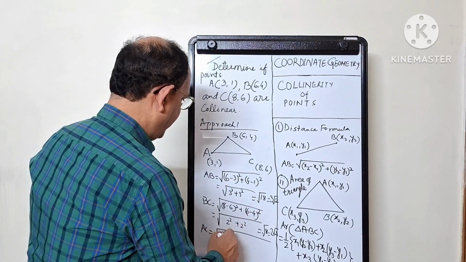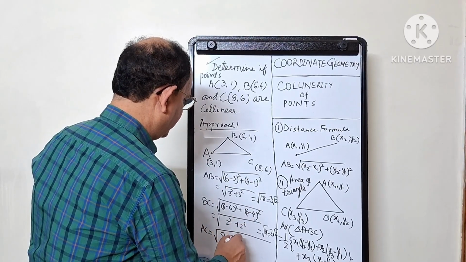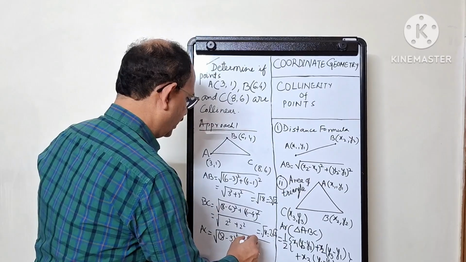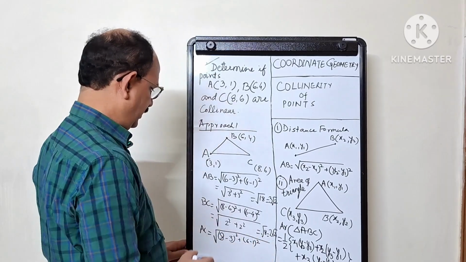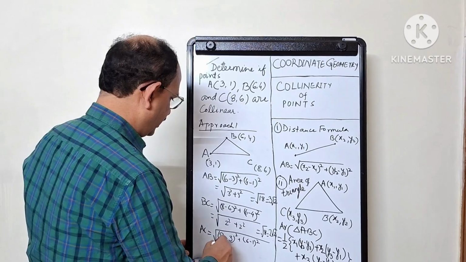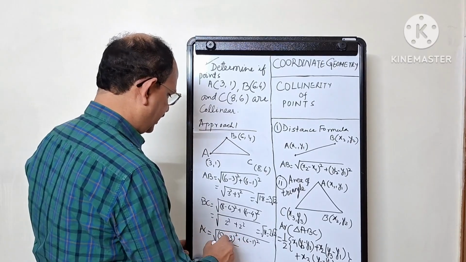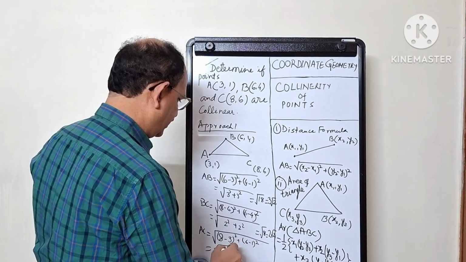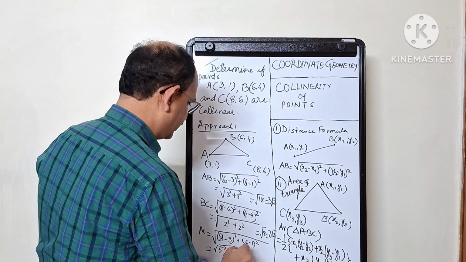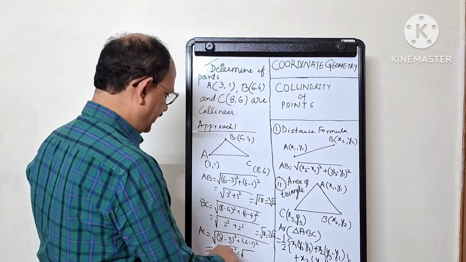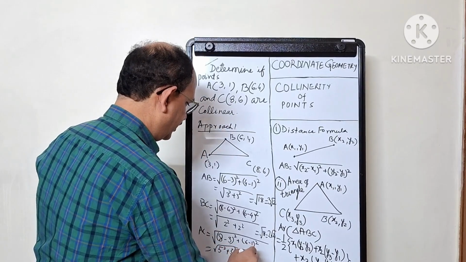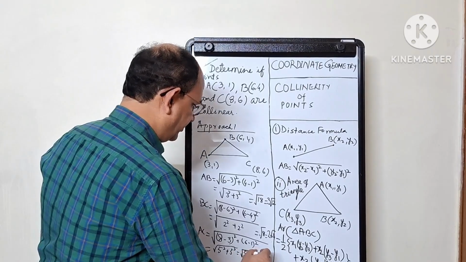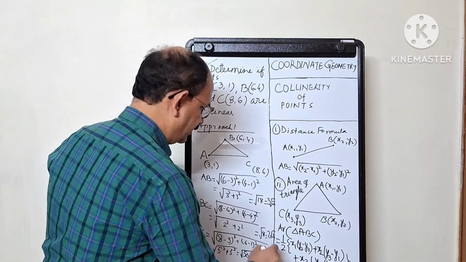So then 8 minus 3, the whole square, plus 6 minus 1, the whole square. So then this becomes equal to 8 minus 3 is 5, so it is 5 square, plus 6 minus 1 is also 5, so it is 5 square. 25 plus 25 is 50. 50 is 25 into 2. Root of 25 will be 5. So this becomes 5 root 2.